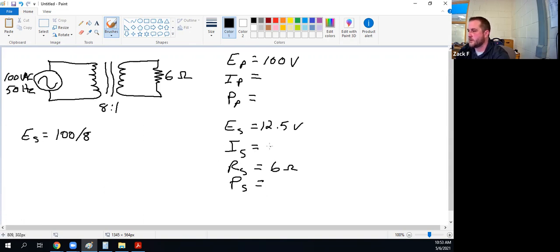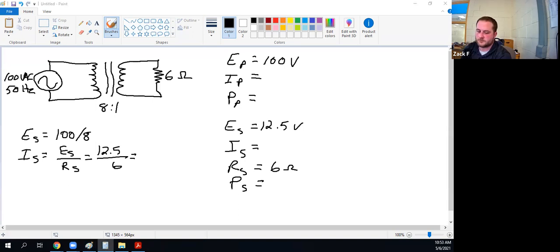What is our secondary current? Well, 12.5 divided by 6, right? 2.08 amps. What's our power in the secondary?